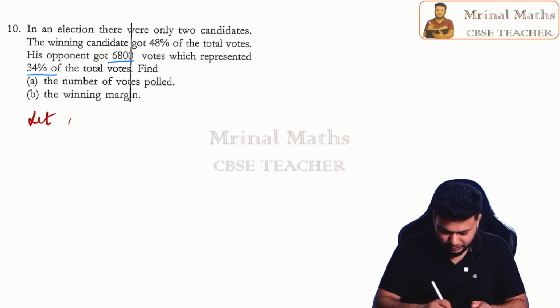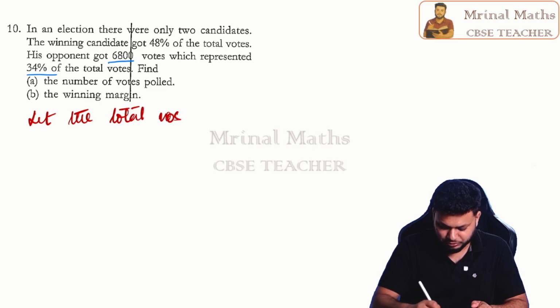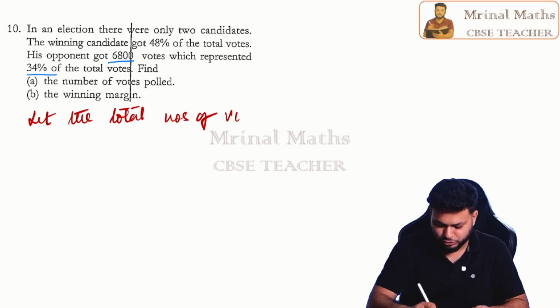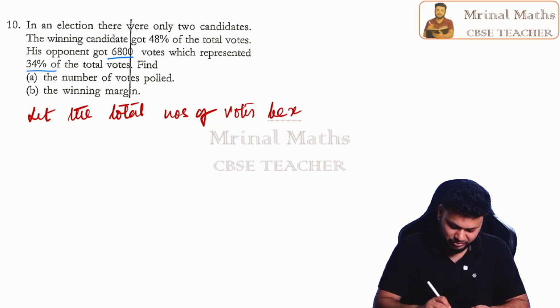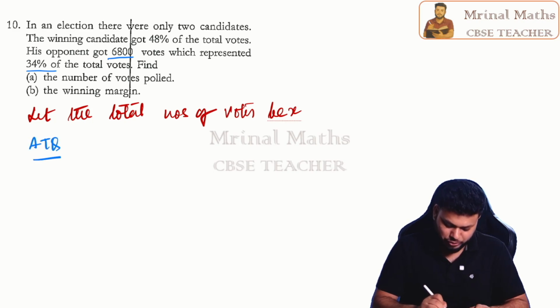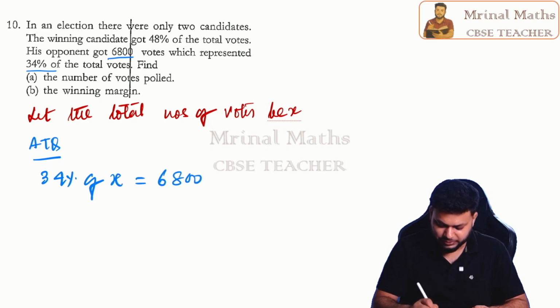Let the total number of votes be X. Now, according to the question, 34% is the second candidate who got 34% of the total, that is X, and his vote count is 6,800.